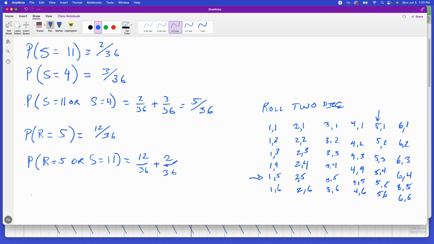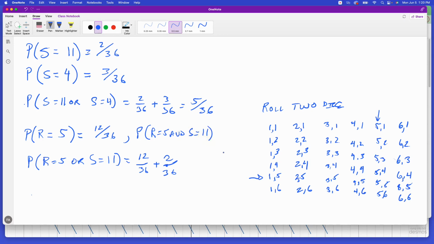If you pay attention, 5, 6 and 6, 5 occurs twice, so there's a situation where both of these things do occur. So we also have to figure out the probability of doing both of these, of rolling a 5 and a sum of 11.